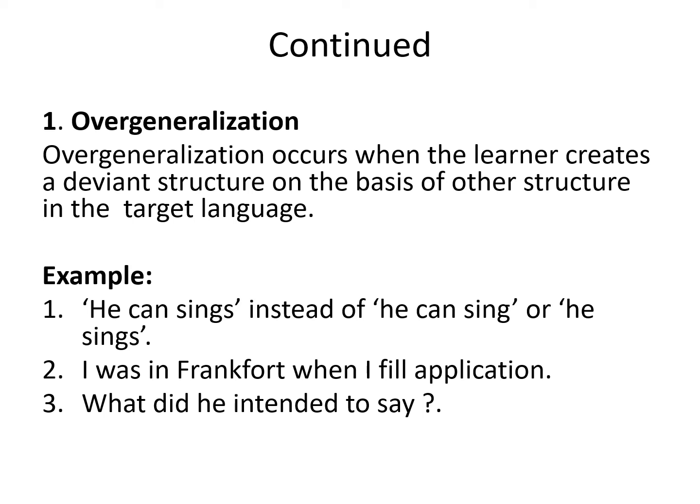Or wrong usage of past tense: I was in Frankfurt when I filled application. Or wrong usage of interrogative sentences: What did he intended to say? So these sorts of rules are used by learners in a wrong way.